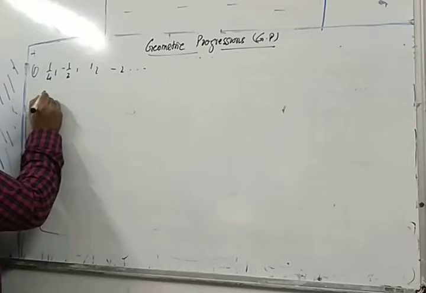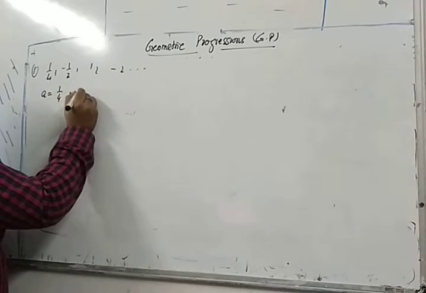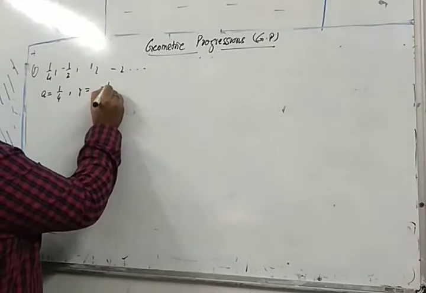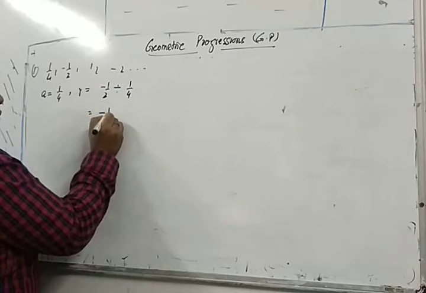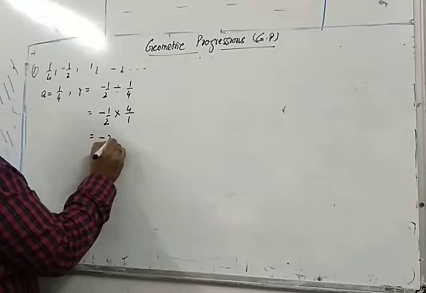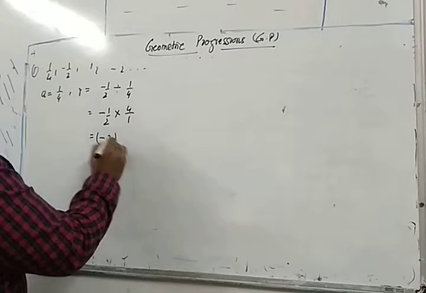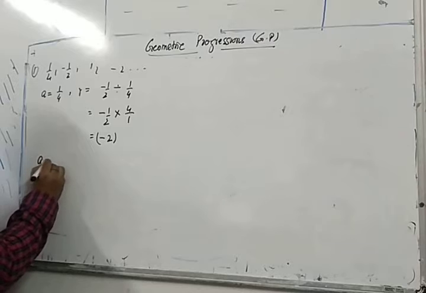First, we always find the first term, which is 1 upon 4, given here, and the ratio. To find the ratio, we always divide a term by its preceding term. The minus 1 upon 2 divided by 1 upon 4 means minus 1 upon 2 times 4 by 1, that is minus 2. So this is the common ratio R. And we are going to find the ninth term, A9.